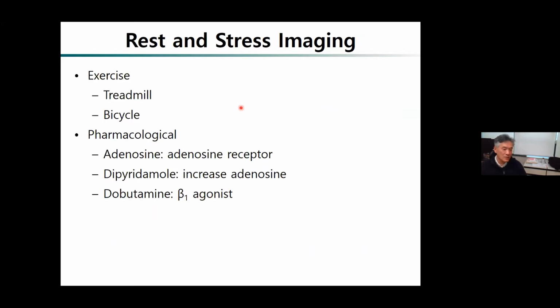And we can also do technetium MIBI with rest or stress imaging. Exercise should be done on the treadmill or bicycle, and sometimes adenosine or dopamine stress imaging.